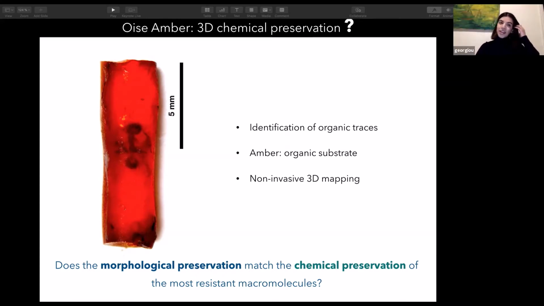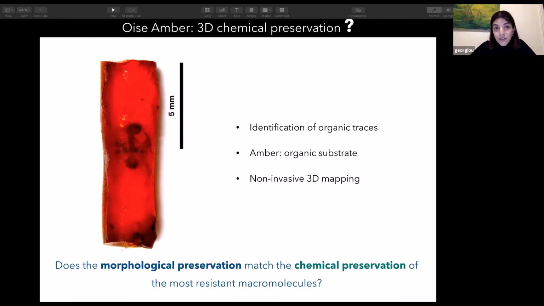Then, okay, so we have our first case study. We have this fossil ant embedded into the amber. The amber is an organic substrate, and our main objective was to identify organic traces to see if this morphological preservation matches the chemical preservation of the resistant macromolecules of this fossil ant.